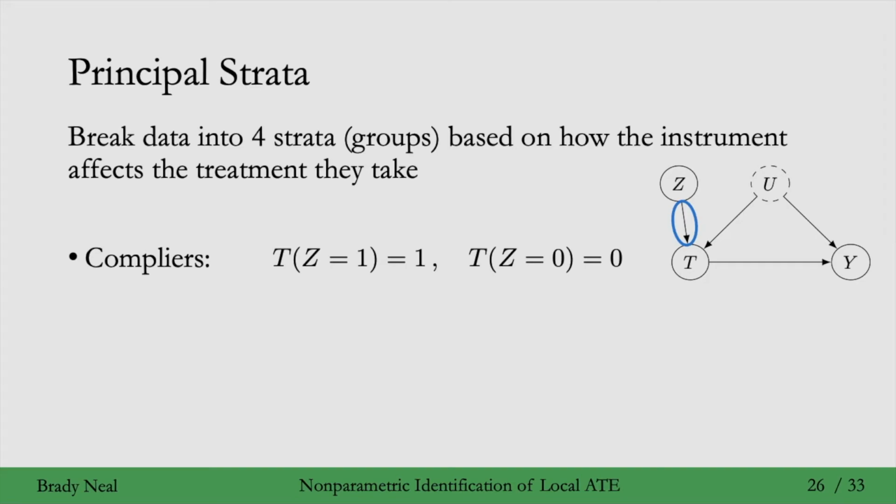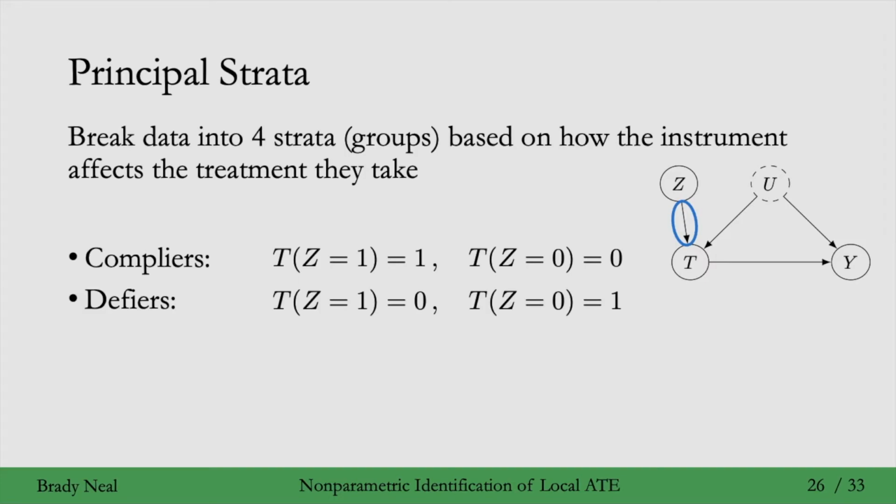Or if you are encouraged to take treatment equals 0, that corresponds to Z equals 0. And the compliers are the ones that just take the treatment that they are encouraged to take. They're complying with their assignment, Z, when they decide their values of treatment, T. That's one of the groups.